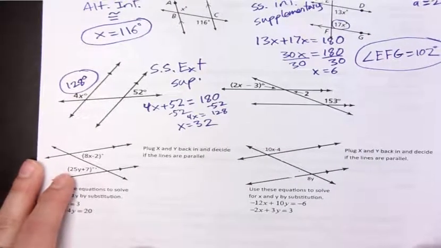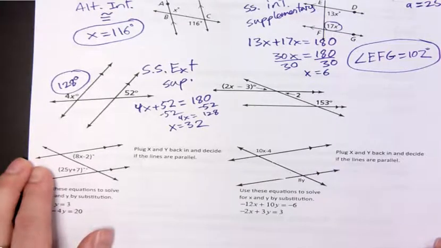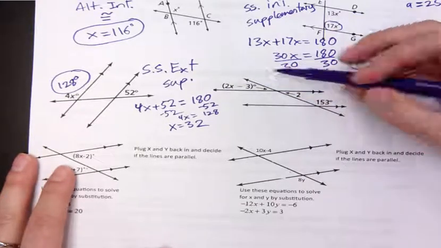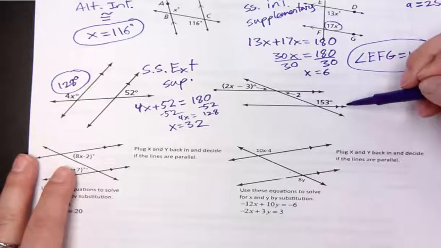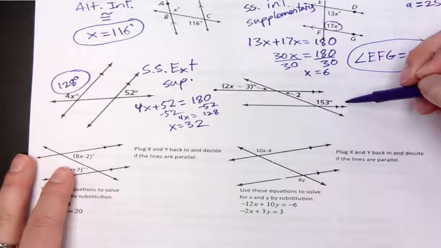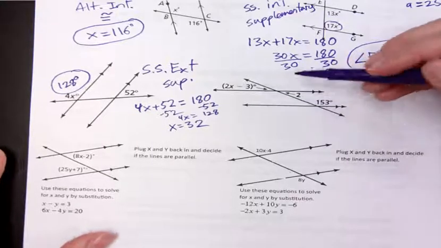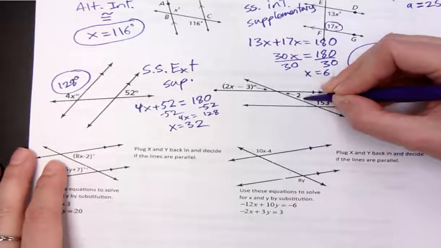Okay, the next one shows something else, because here is the 2x minus 3 and the 153. Is that any angle pair that we know we can solve with? They're alternate, but one's exterior, one's interior, so that's not a specific angle pair. But if this is 2x minus 3, what is this inside one here?